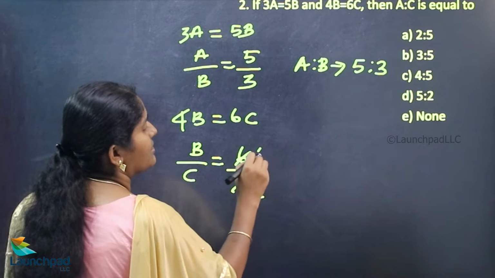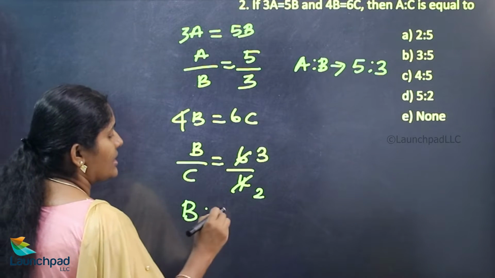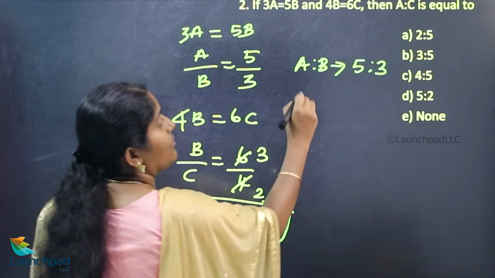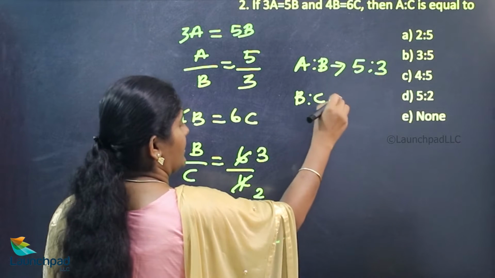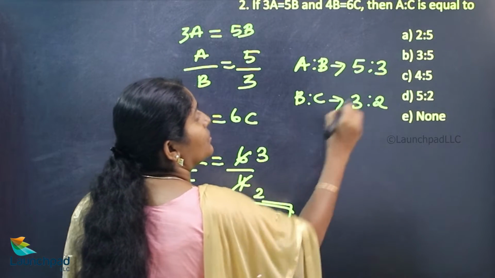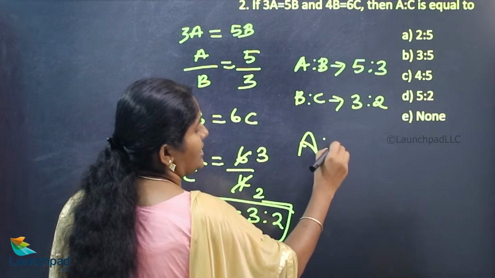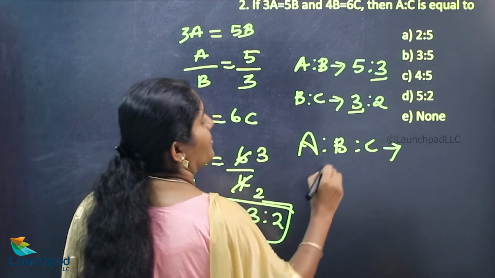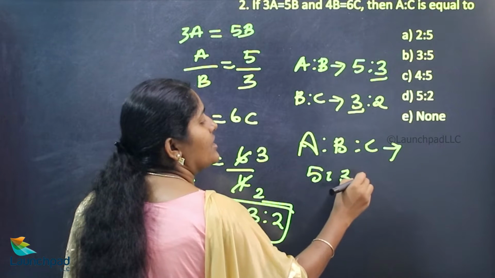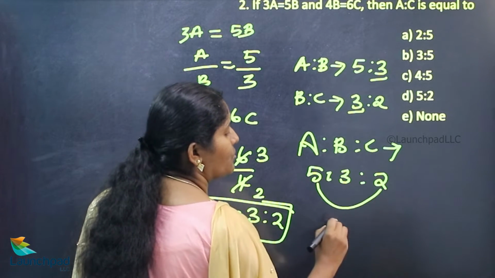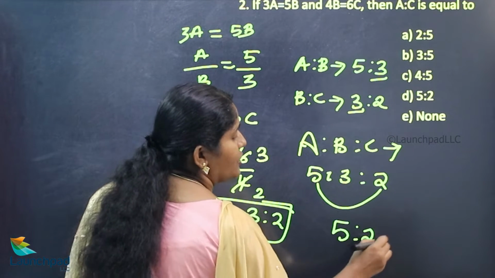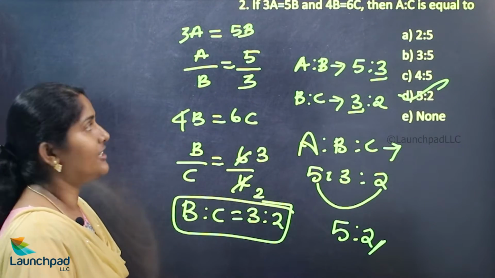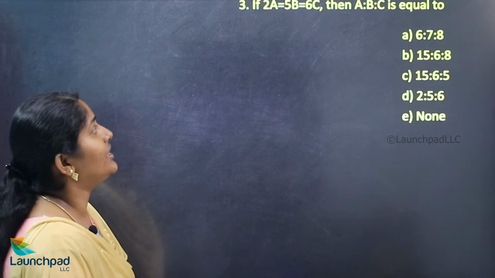This is 2 times, this is 3 times. B is to C is equal to 3 is to 2. Now A is to C equals A is to B is to C. B term is common. So 5 is to 3 is to 2. 5 is to 2 is the answer. Hence option D is the correct answer. We'll move on to your next question.